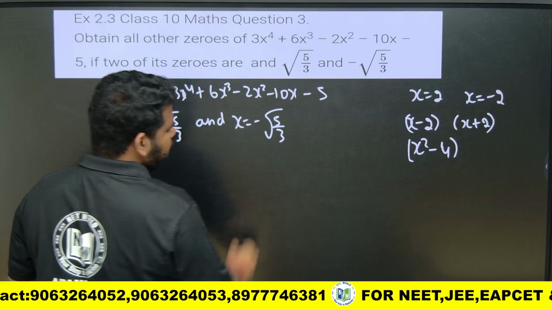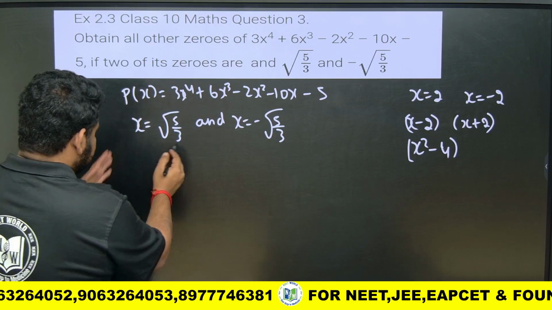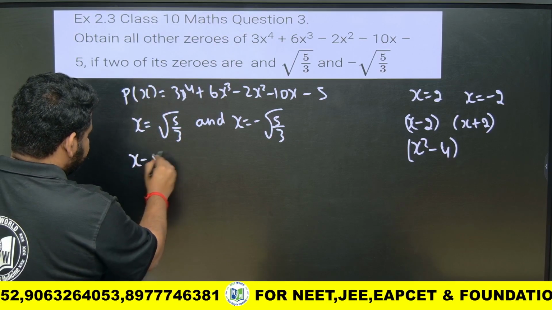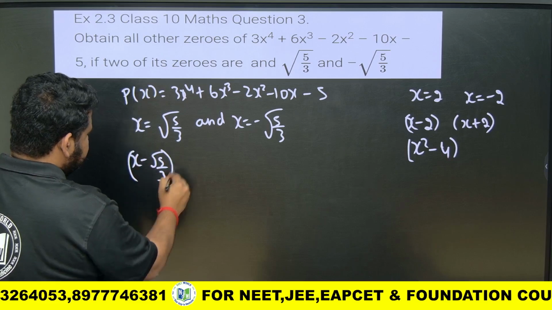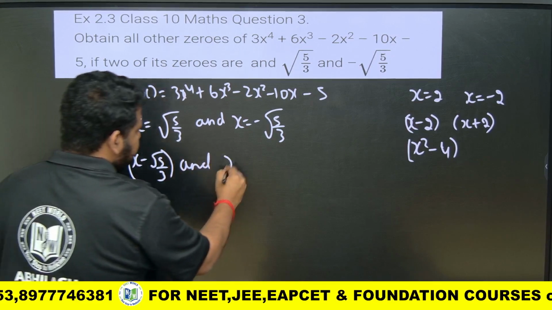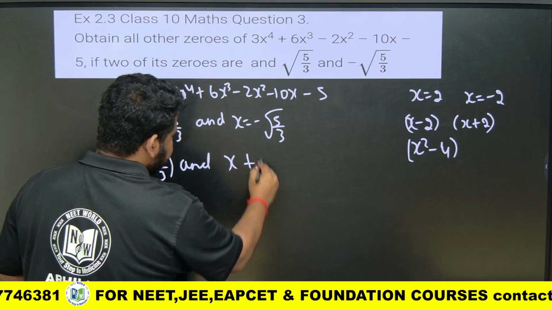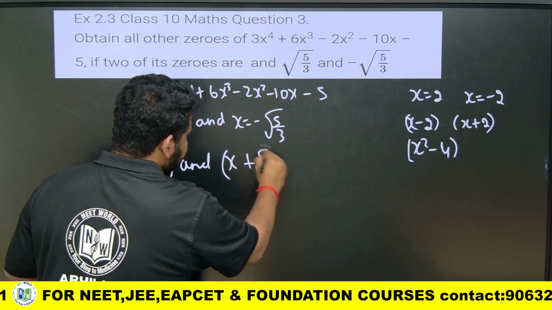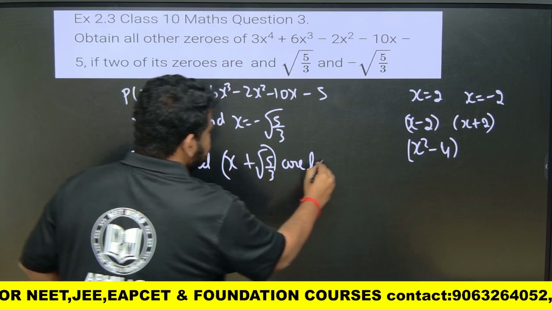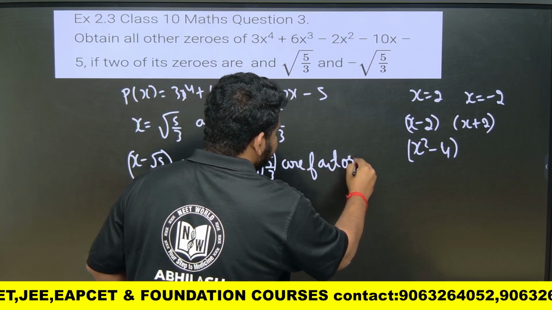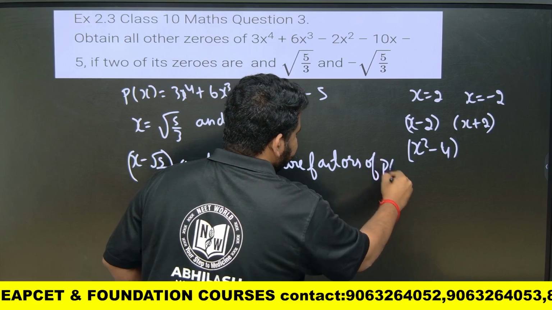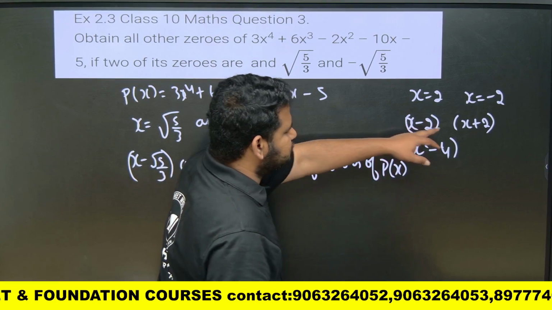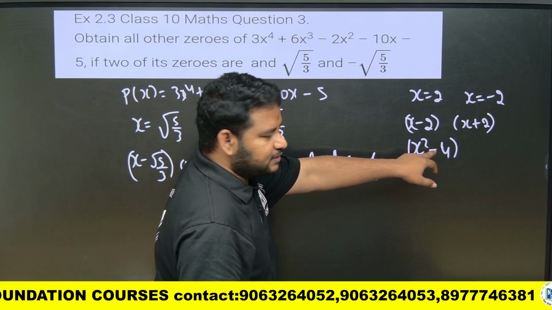If they are the zeros, then what are the factors? If I bring it this side, x minus root 5 by 3, and if I bring it this side to LHS, x plus root 5 by 3 are factors of p of x. So here x minus 2, x plus 2 are factors of x square minus 4.